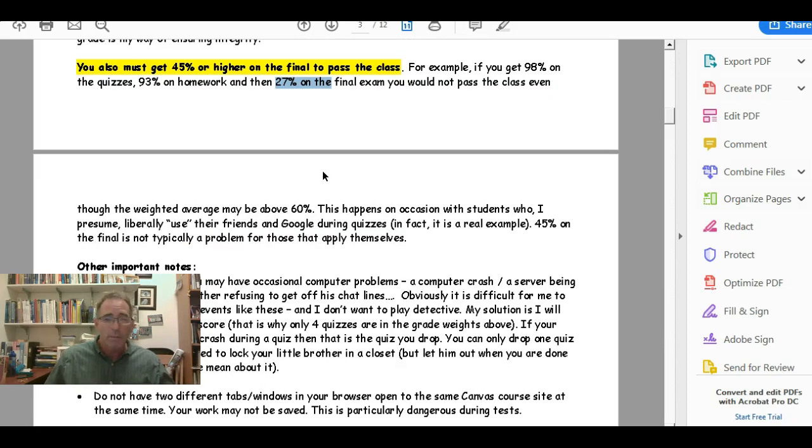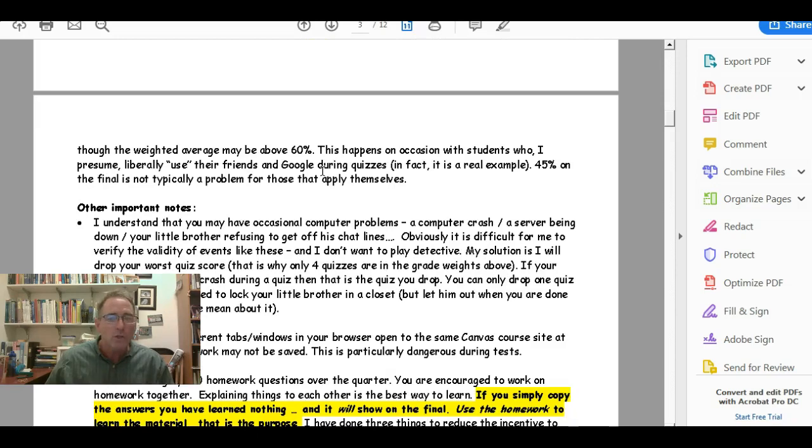It just bugs me when people get 98% on quizzes and homework and they come in and don't know anything. So they flunk, and they don't really complain too much because, yeah, they should flunk. Use the homework and the quizzes for their intended purpose, and that is to learn the material.